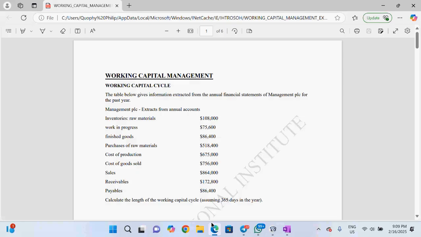Where can we locate that? Purchases of raw materials, 518,400. So 86,400 over 518,400 times 365 days. How many days are we getting? 61.